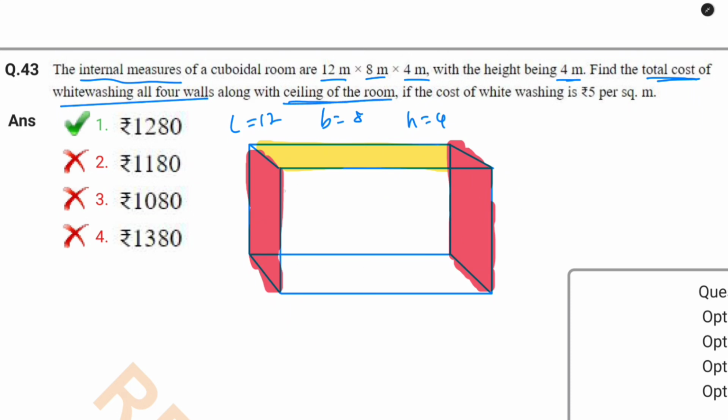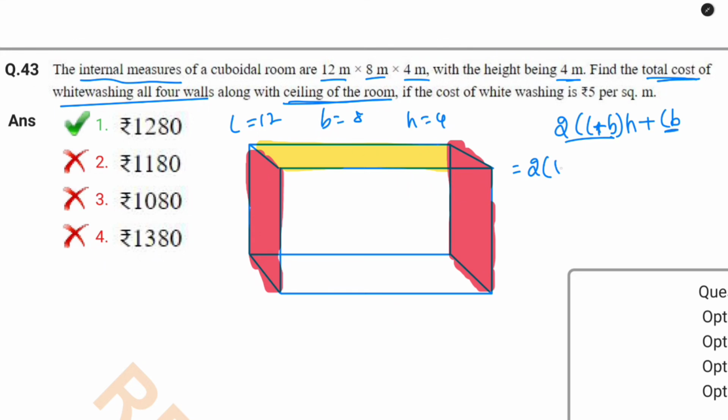So 4 sides, it will be area 2 into L plus B into H. So this is the area we are going to paint, and surface area of the ceiling. So ceiling, it will be LB. So use this formula, 2 into L plus B. So this is perimeter of this area, 2 into L plus B into height plus ceiling, it will be LB area.